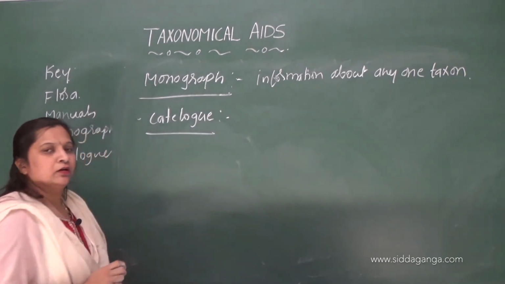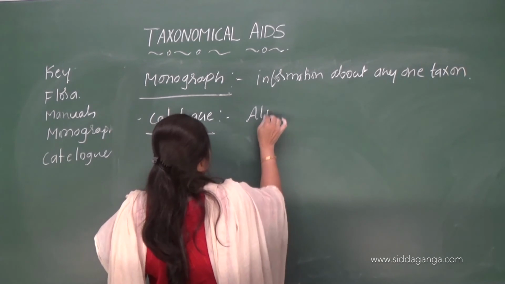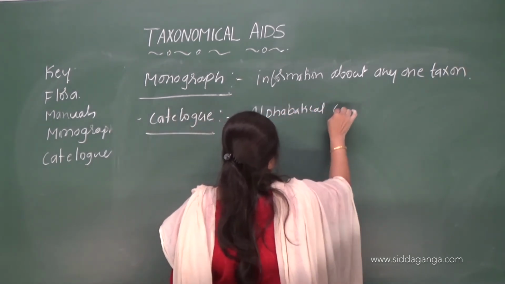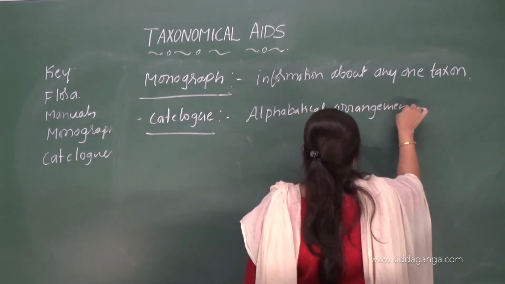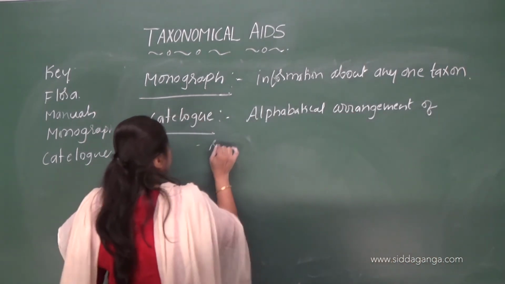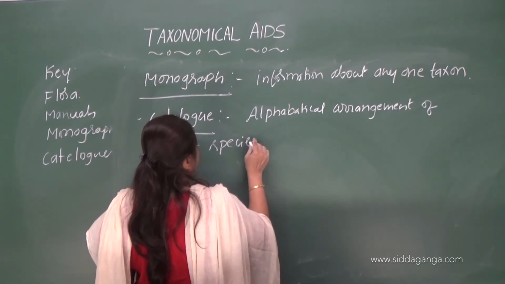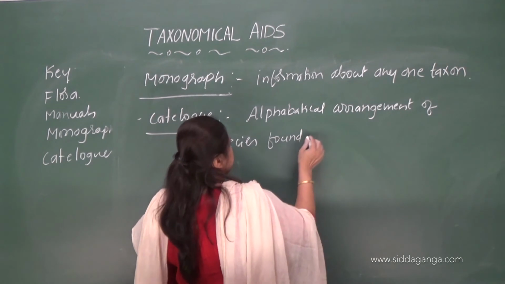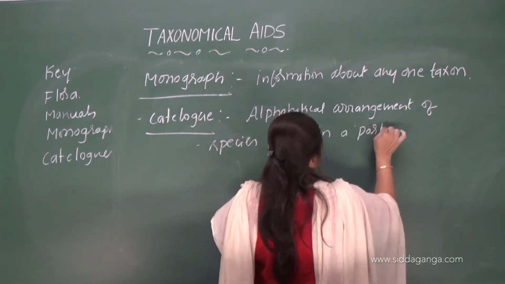So catalog is an alphabetical arrangement of species found or present in a given area.